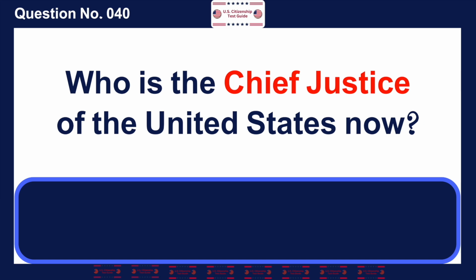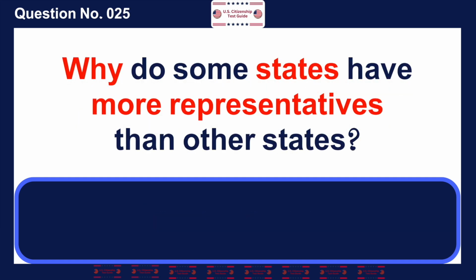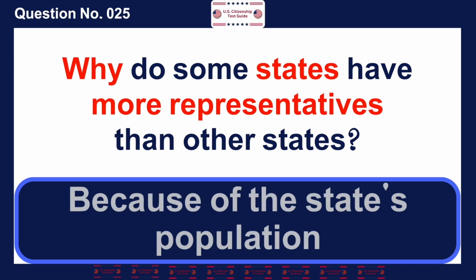Who is the Chief Justice of the United States now? John Roberts. Why do some states have more representatives than other states? Because of the state's population.